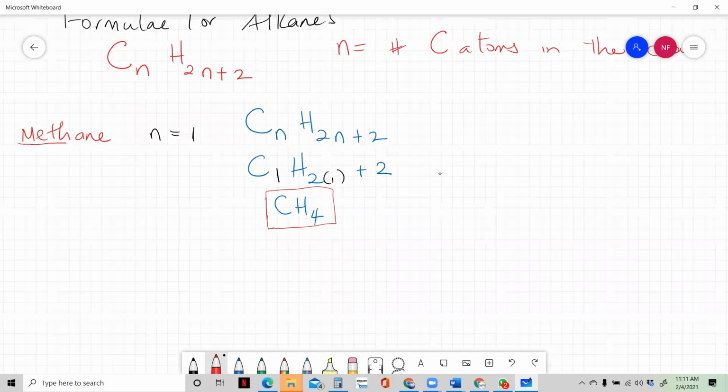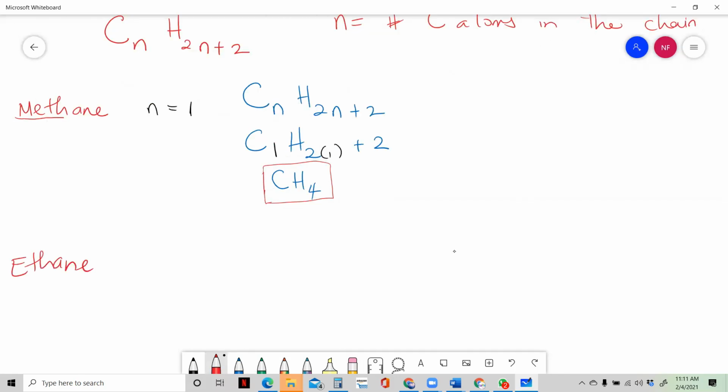All right, let's try another one. Ethane, right? ETH is a prefix which means that the value is 2. I have 2 carbon atoms present. So I'm still going to use the same general formula because I am looking at alkanes. My general formula for alkanes is CnH2n+2.